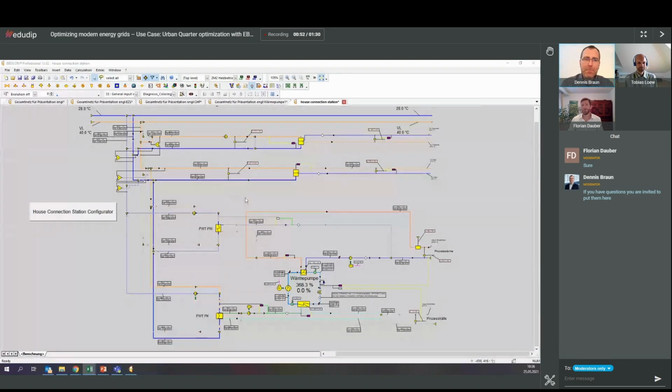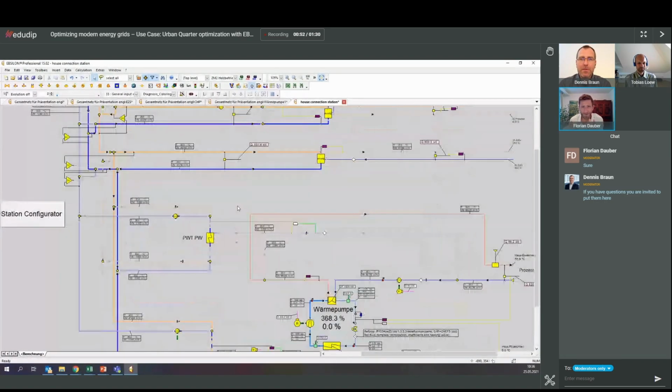Yeah, I think what you just described very fast took us roughly a year to accomplish. But you have to understand at this point that urban quarters, especially those energy concepts, are quite complex, as you have to model a certain number of completely different technologies.